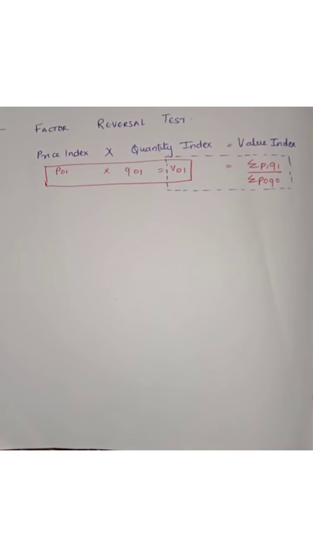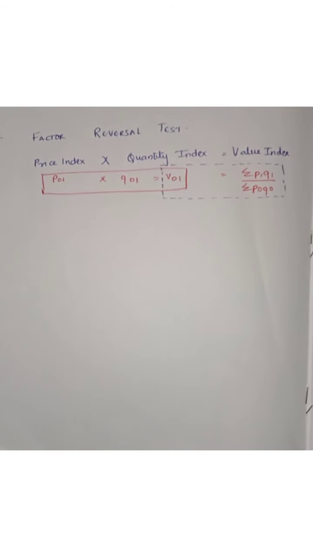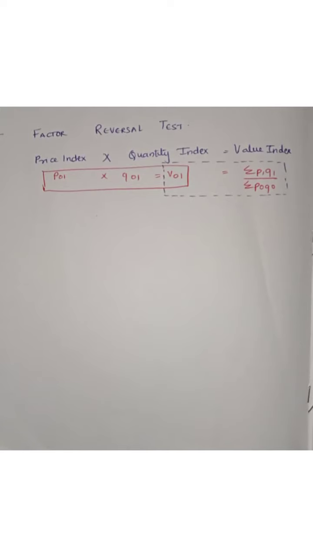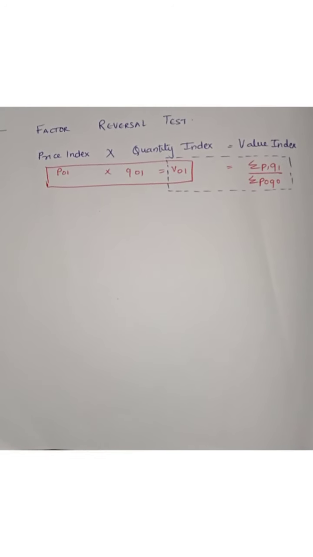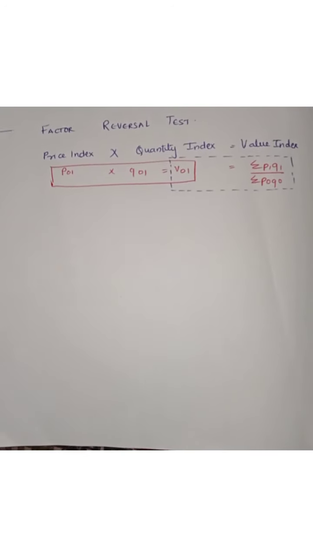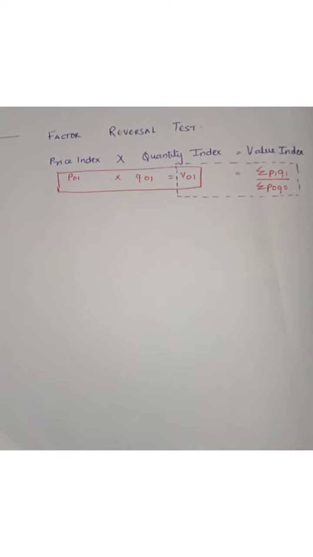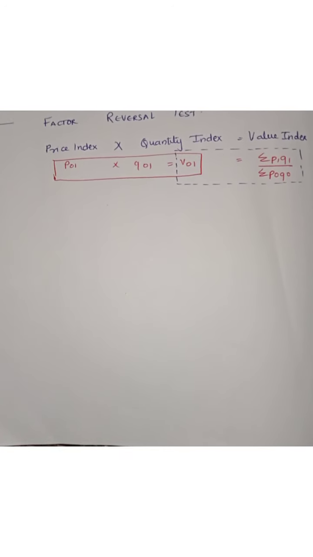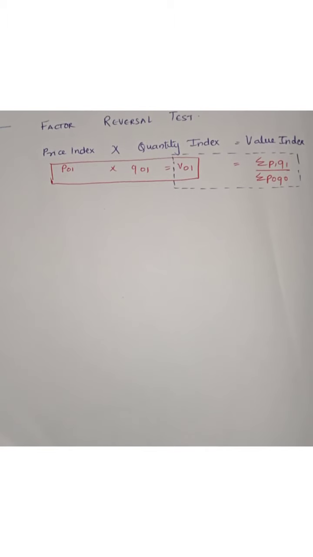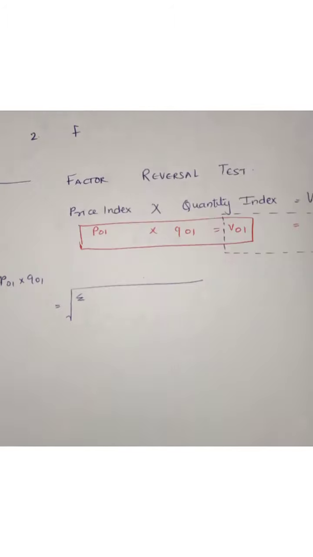So here P01 into Q01 has to give the ratio of value index, that is summation of P1 Q1 divided by summation of P0 Q0. For proving this, we need to use the same Fisher's ideal index to understand whether it satisfies this consistency test or not.